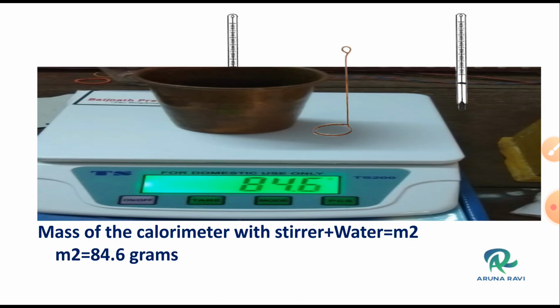The second step, the mass of the calorimeter with water, along with the stirrer, that is M2, is 84.6 grams. First step, I measure the mass of the empty calorimeter M1. Second step, I measure the calorimeter with the water, that is M2 grams.